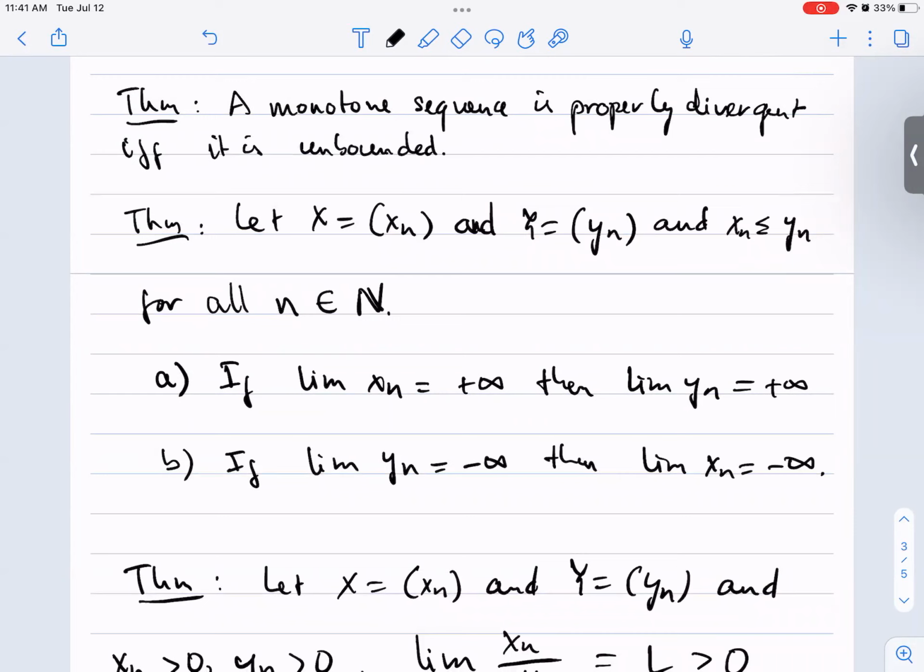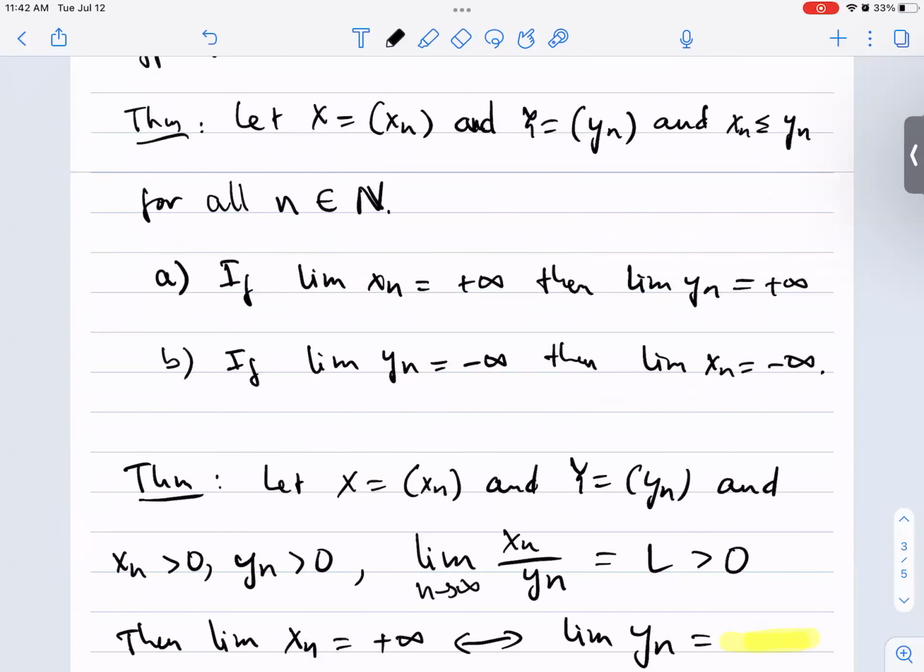So the negation of that statement is exactly the statement we see here. If the sequence is unbounded, then it is divergent. Furthermore, because it is monotone, we know that it must diverge either towards plus infinity or minus infinity.